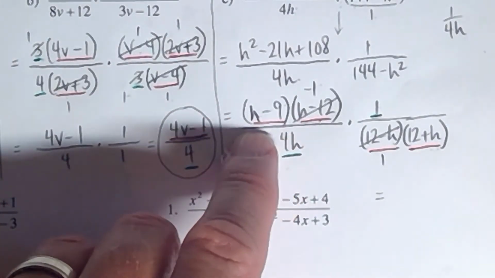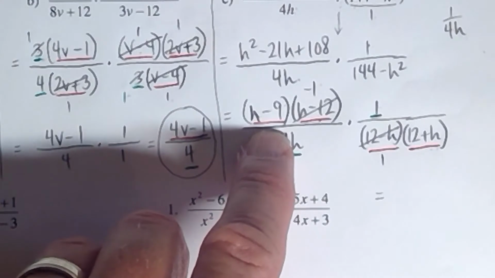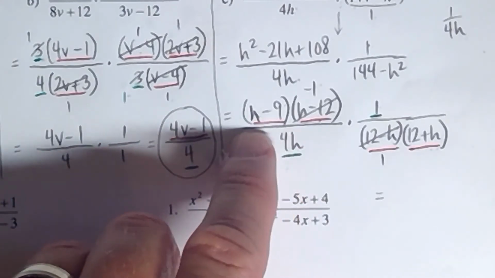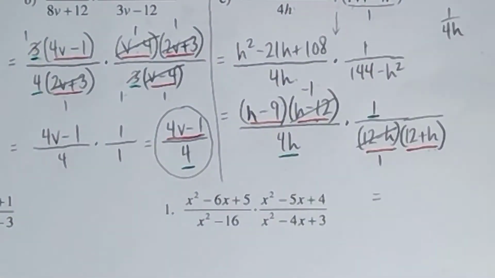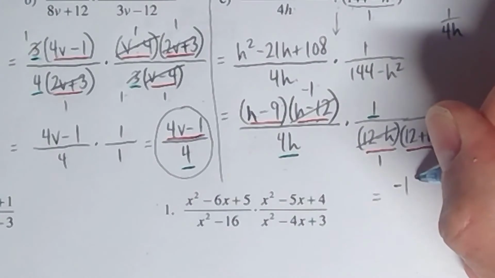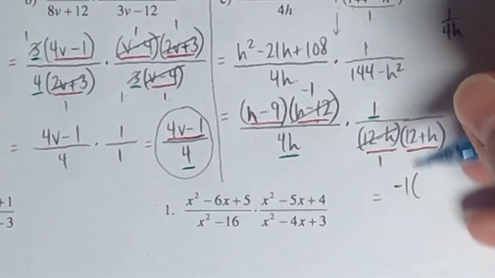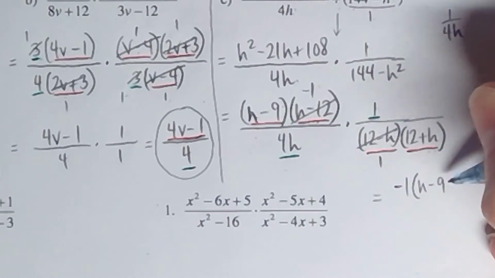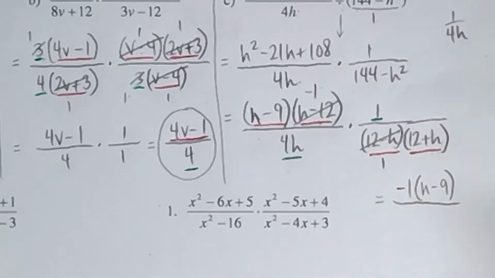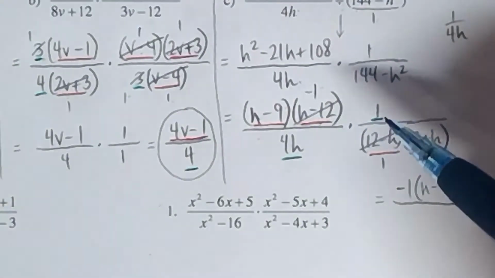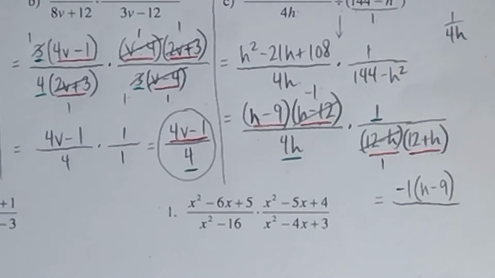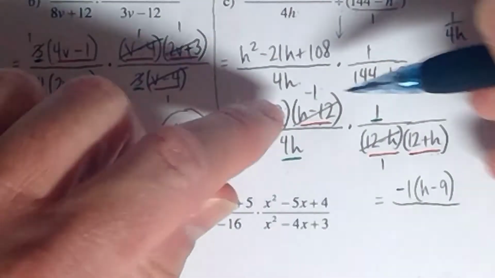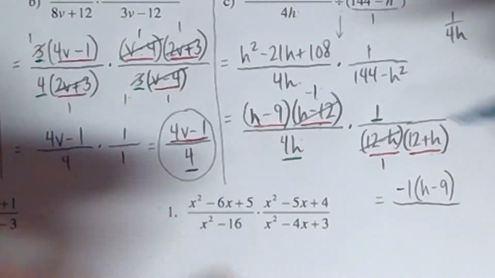But if a red factor, a bracket with more than one term in it, is being multiplied by anything other than positive 1, you have to keep it bracketed. In fact, if it's just a single number being multiplied by that, we usually put the single number in front, as we've seen many times before, because that's just how it's usually written. And you're allowed to reverse two things that are being multiplied. That's okay to do.